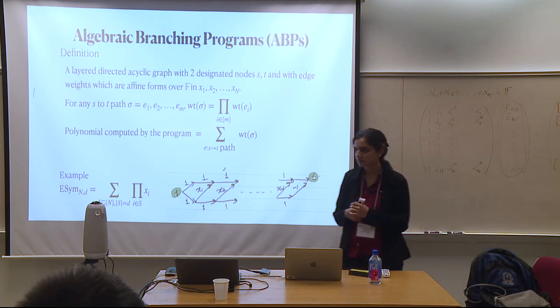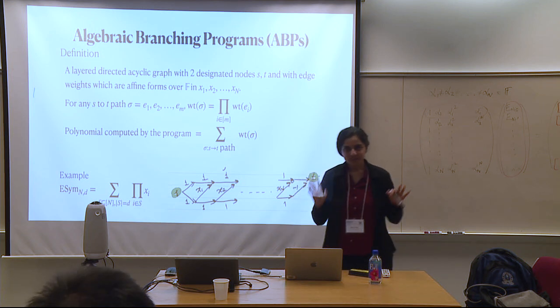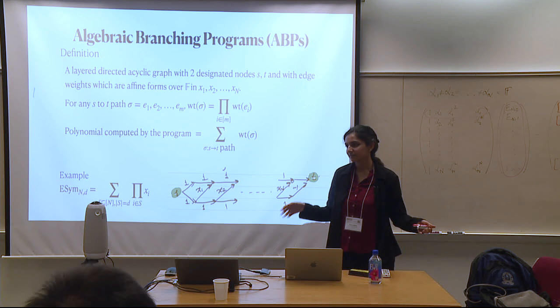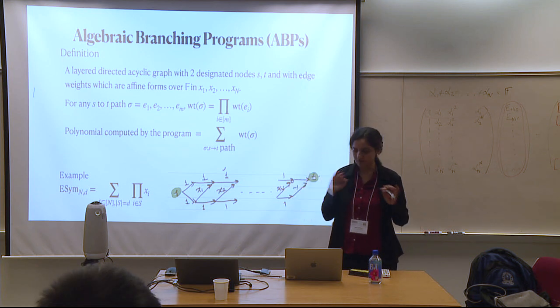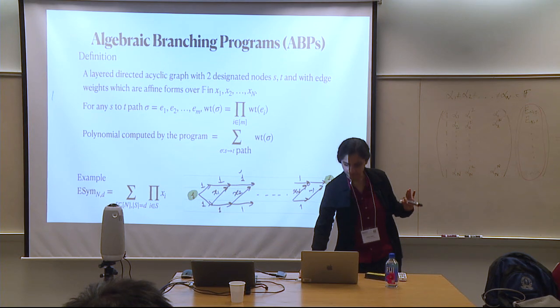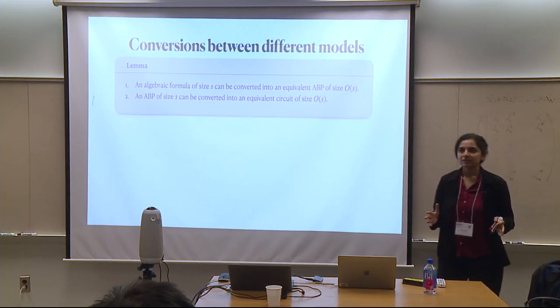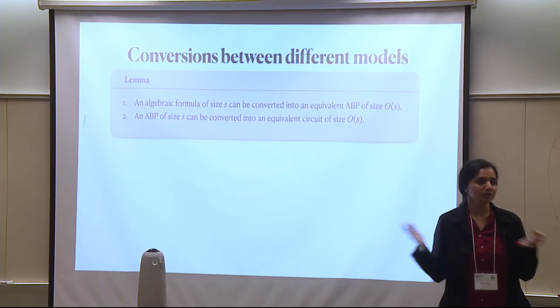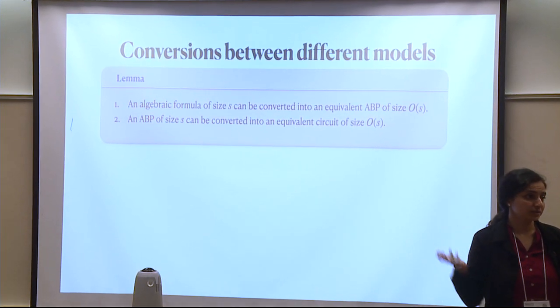Okay. So we just have these 3 models, more or less. That's all we need to talk about. Circuits, formulas, branching programs. That's it. Questions? So let's try to understand how one can convert one from the other. Or can we do efficient conversion between these models of computation?